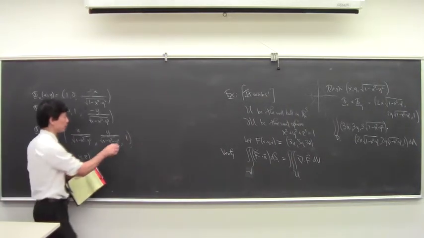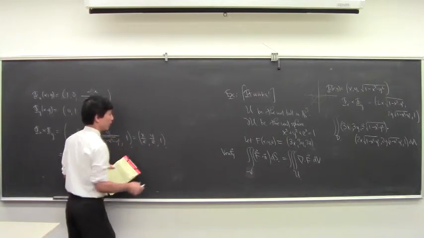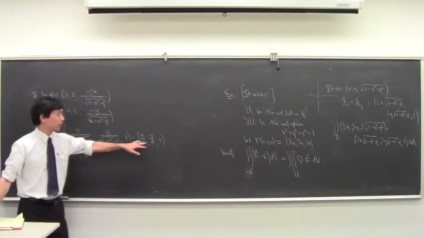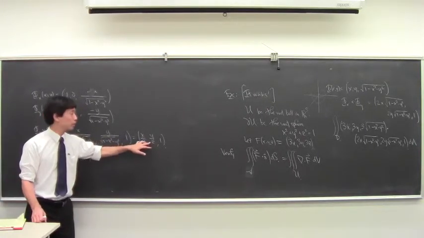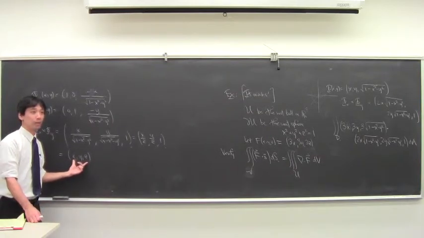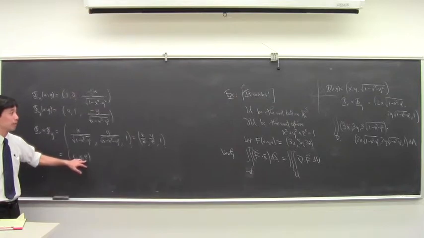Because this is x over z, y over z, 1, and if you'd like to make this have norm 1, you multiply the thing through by z, and then it has norm 1. So x, y, z.